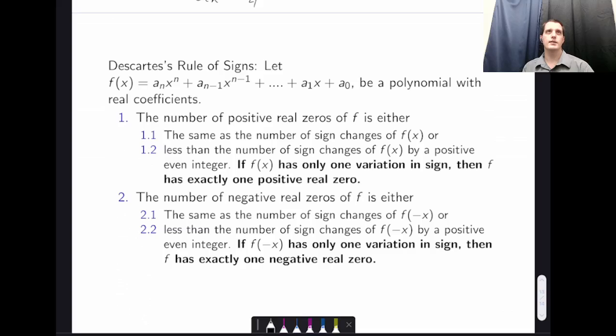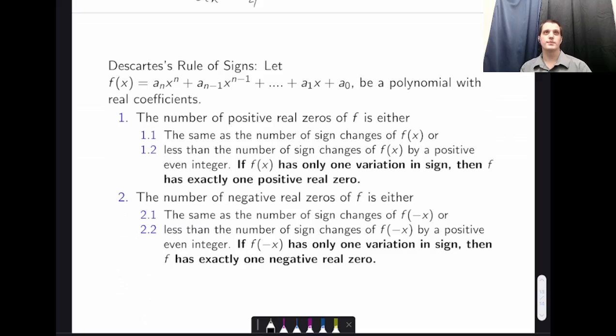Okay, so we're counting the signs here. We're counting the number of sign changes. The number of times the signs change tells us the number of possible real positive zeros there are, or less than it by a factor of 2.